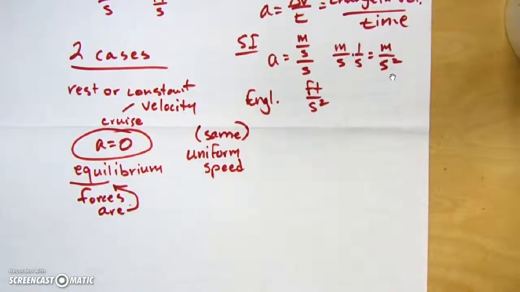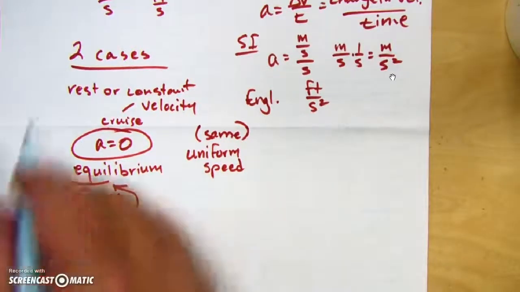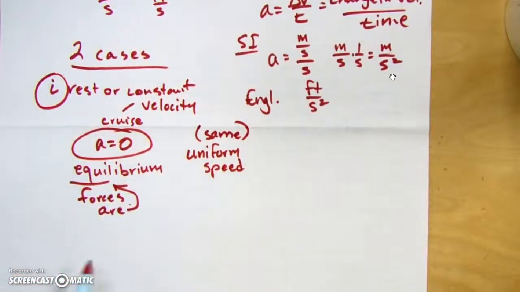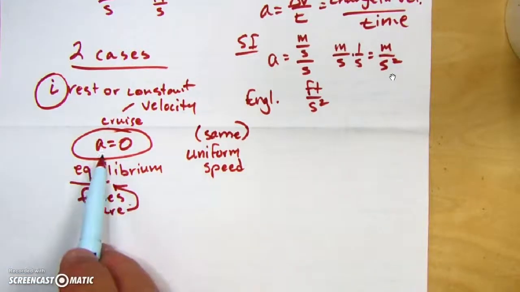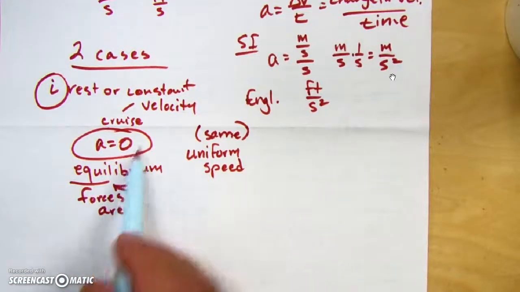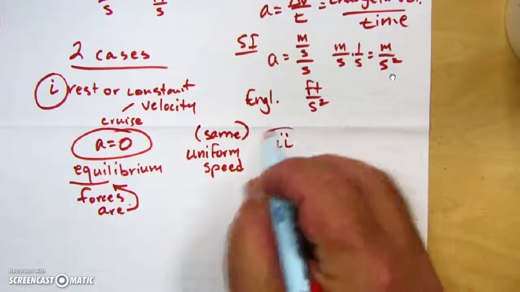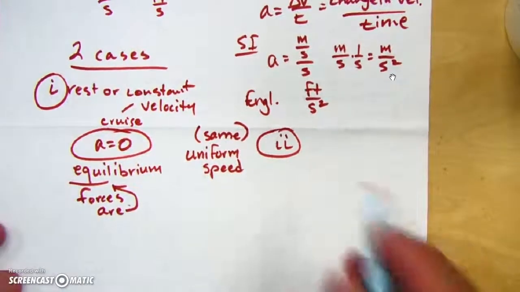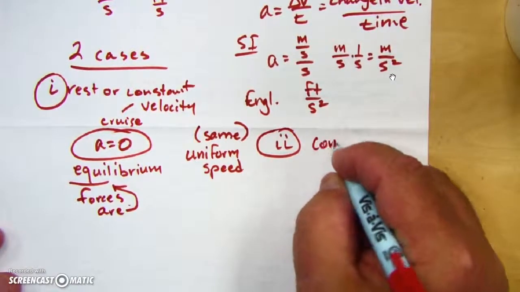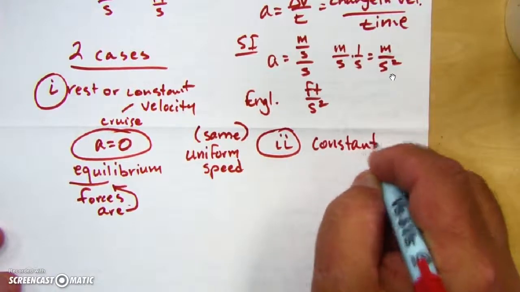So a uniform speed would be the same speed. So that's case number one, in which you're at equilibrium. There's no acceleration. You can be moving, but you have to be moving at a constant speed in a straight line. The second case that we can see is when we have a constant acceleration.